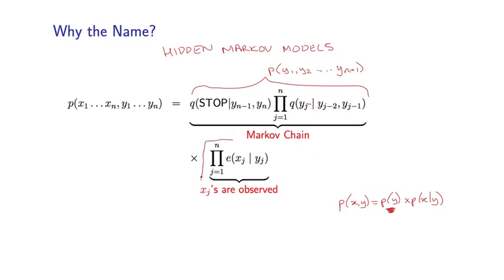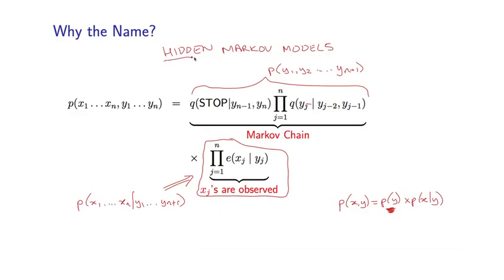So if we look at this expression, this is actually the probability of x1 through xn conditioned on y1 through yn+1, where we're assuming that each word xj is chosen depending only on the value for yj. So we've made some fairly strong independence assumptions here, that each word only depends on its underlying part of speech tag.